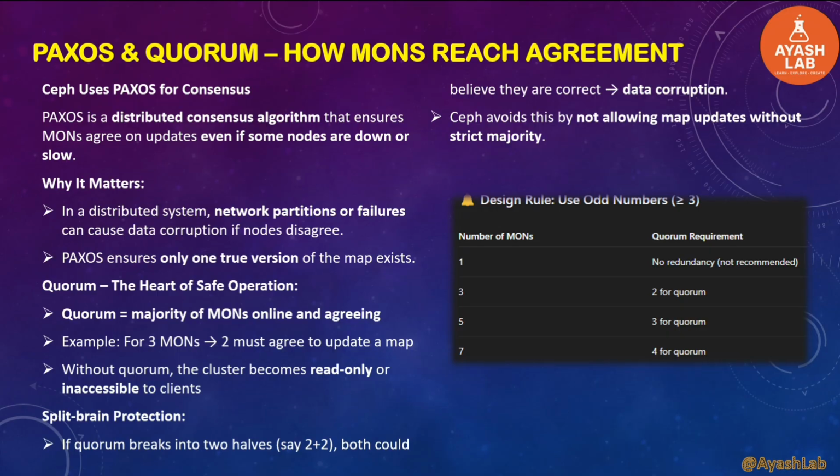So Ceph prevents this by allowing updates only if the majority quorum agrees. Even if there is a network issue or a hardware failure, data consistency is always protected. So Ceph avoids this by not allowing any map updates without a strict majority.